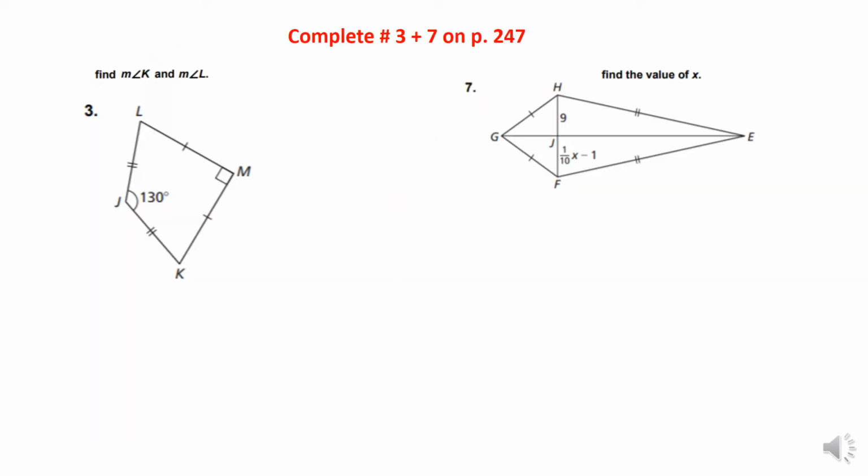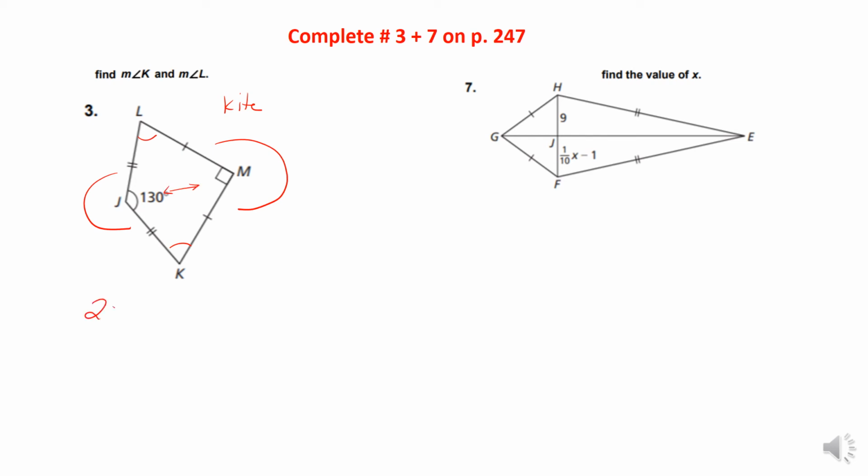Now they want us to find the measure of angle K and the measure of angle L. Look carefully. Here are my consecutive sides, so I can identify that this is a kite. Remember, you can't always assume it's a kite, so look at the diagram. Two sets of consecutive sides means it's a kite. Now I know one pair of opposite angles is congruent, and these are not those angles.